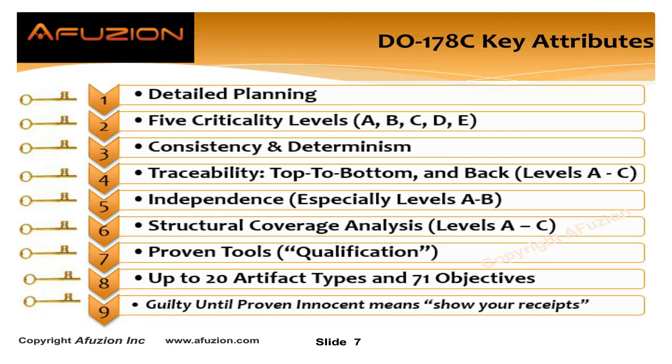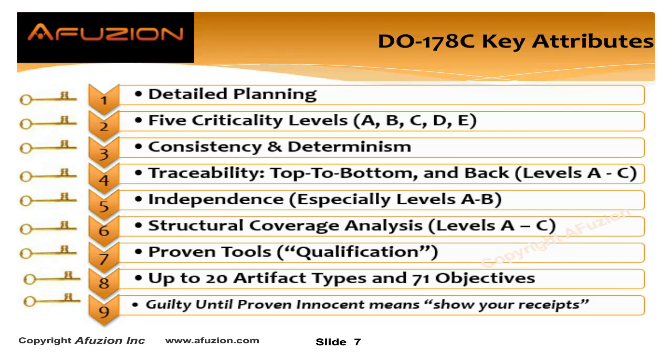Does all the code have a reason to be there? That reason is a low-level requirement. Do we have independence? QA, quality assurance, is always independent, but for levels A and B, the engineering activities are largely independent. Be careful if you're level C, you could be tomorrow's level B.